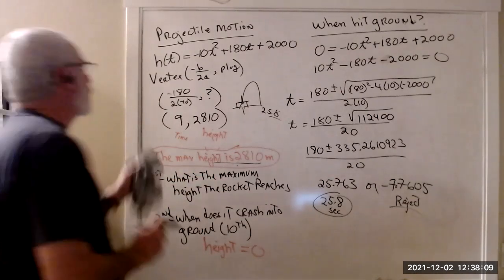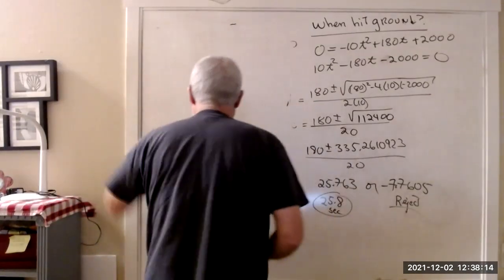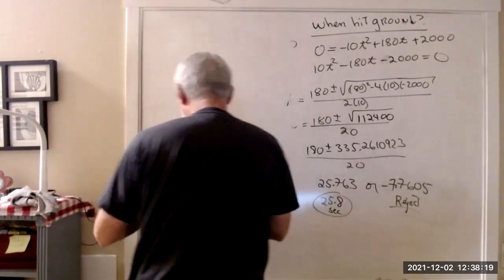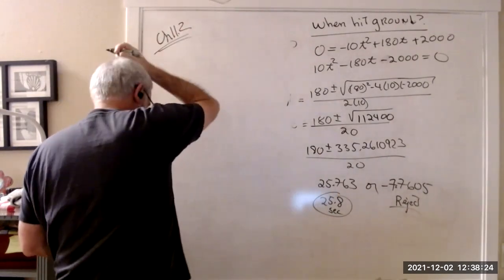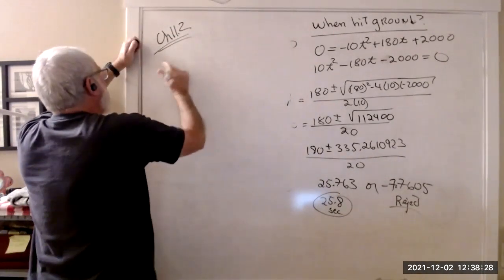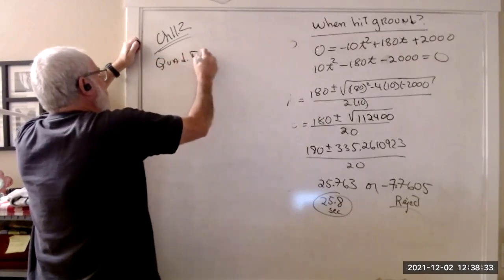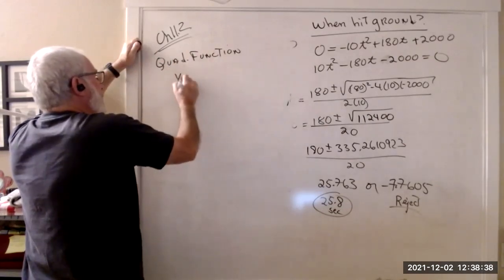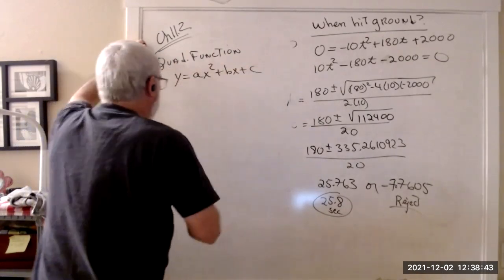Still in chapter 11.2. We talked about a quadratic function tonight as y equals ax squared plus bx plus c.